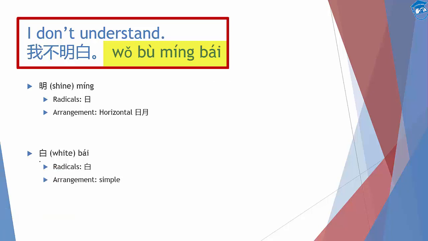The next one is Bai. Taken out of context, it means white. The radical is itself, and the arrangement is simple. So here's how I write Bai. 1, 2, 3, 4, 5.